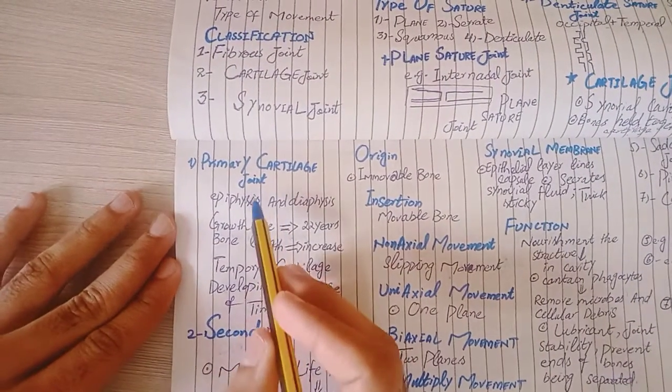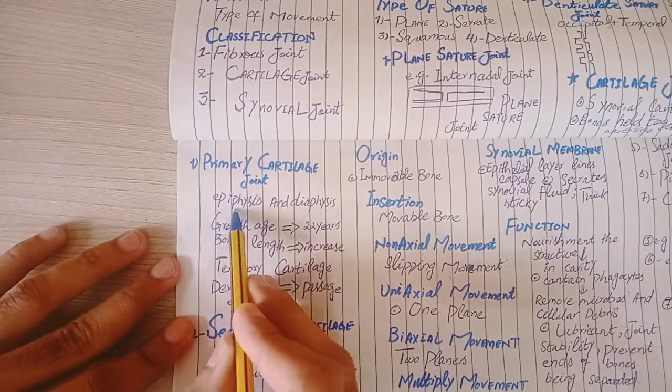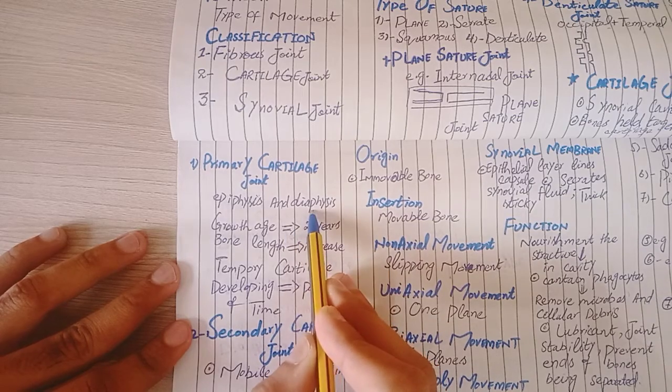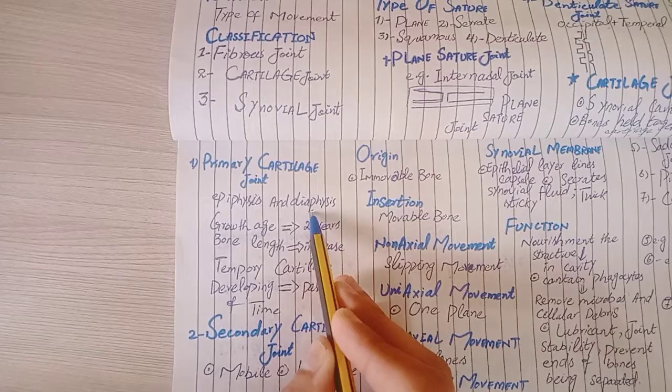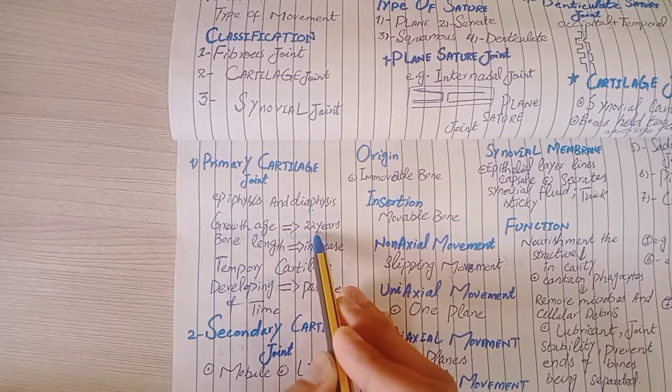The first type is the primary cartilage joint. The epiphyses and diaphyses are separated by the plate known as growth plates. The growth age of a primary cartilage joint is up to 22 years.